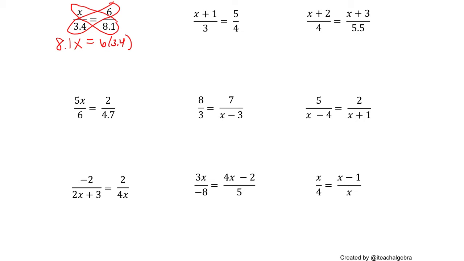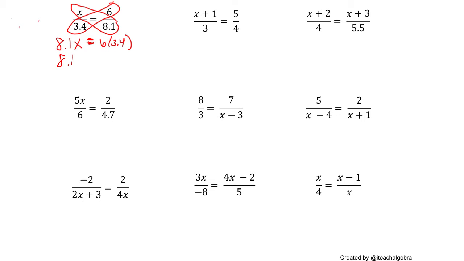So a common mistake that many people make when they do the cross multiplication is to write 8.1x divided by 6 times 3.4. That's not it. We have to put this equals in here. That's what makes it cross multiplication. So you go from all sorts of fractions to not one fraction.